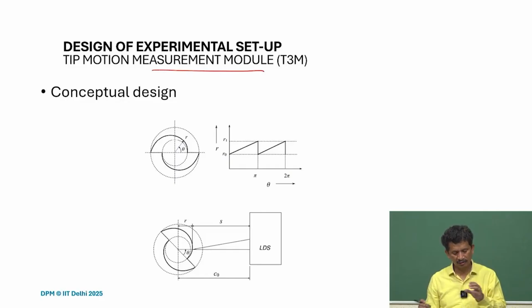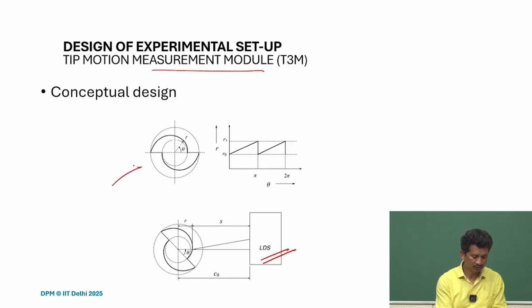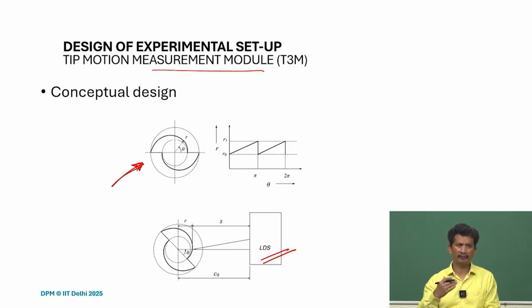The next is how to measure the motion at the tip, for the translation and rotation. For the translation, it's very easy. We can put a laser displacement sensor, what we call LDS, and it can triangulate and we can measure. But what about the rotation? We cannot just keep rotating and measure it. So we came up with a very good solution, in my opinion, and just used the concept of a linear cam.